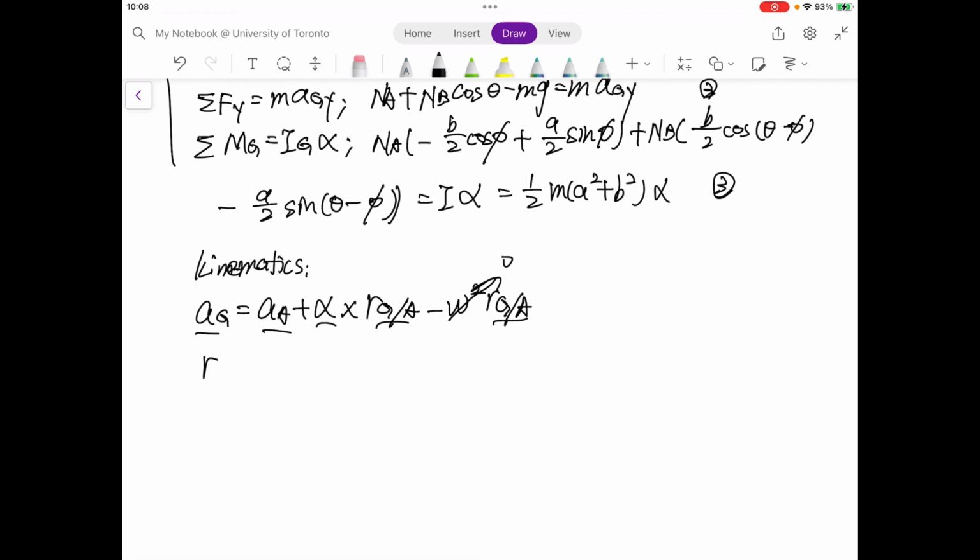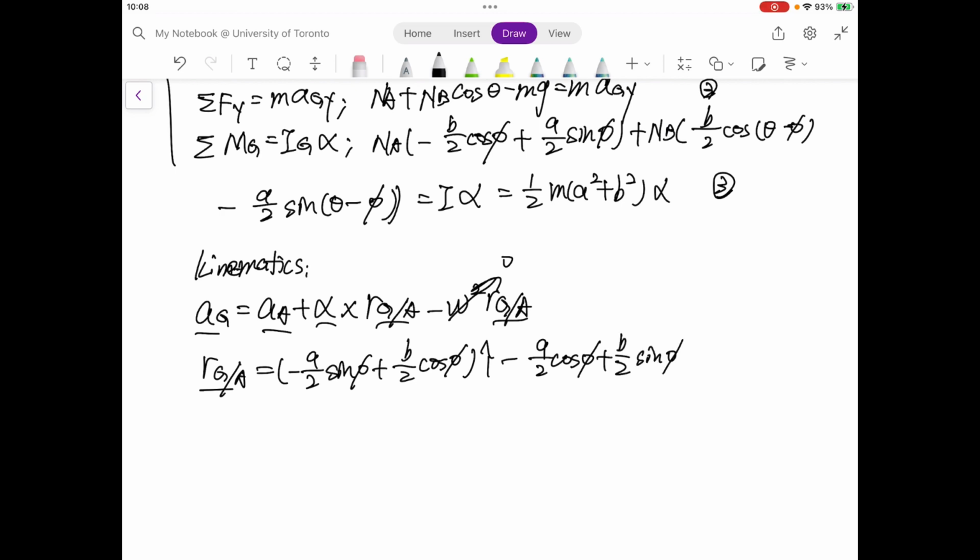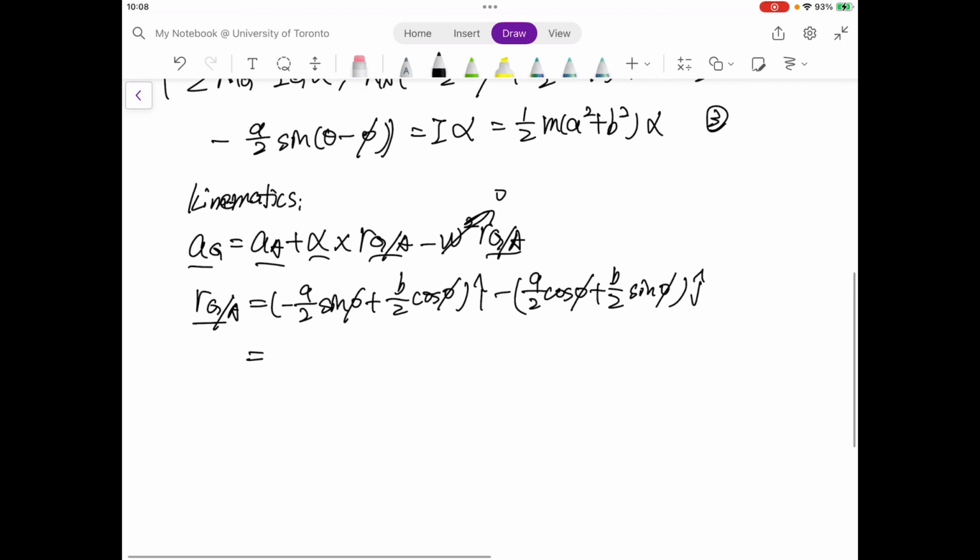Then r_G with respect to A is equal to a over 2 sine c plus b over 2 cosine c in I direction minus a over 2 cosine c plus b over 2 sine c. This is our J direction. This is equal to 2.77 I minus 1.888 J.